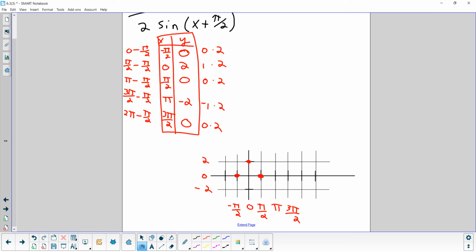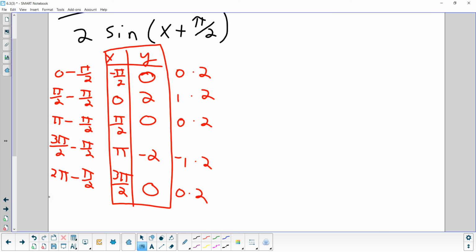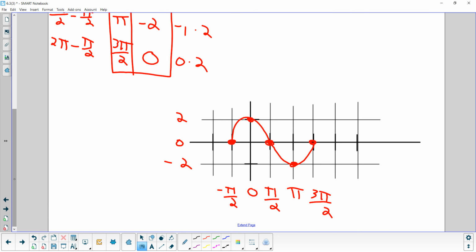Pi over 2, 0. Pi, negative 2, and 3 pi over 2 back to 0. That is your sketch. Questions on that one?